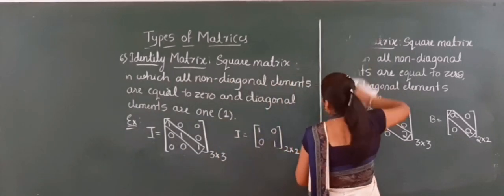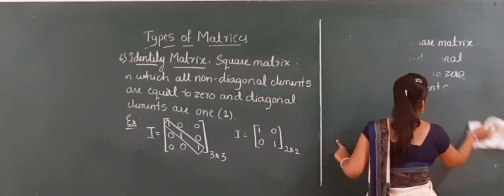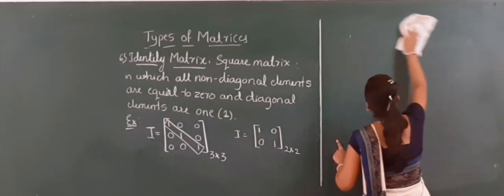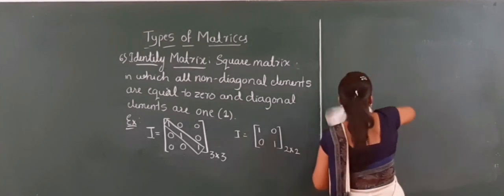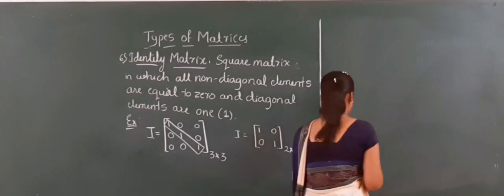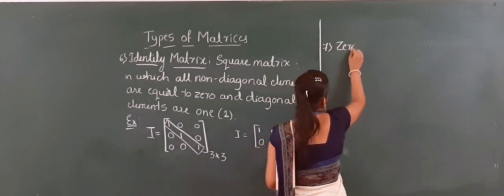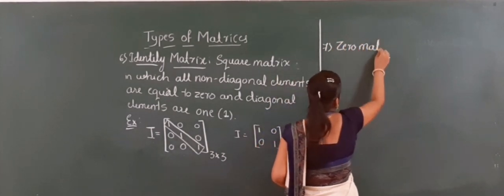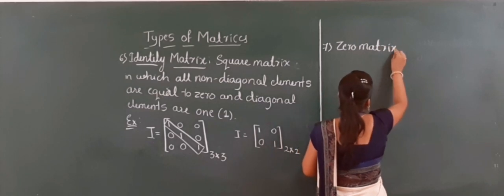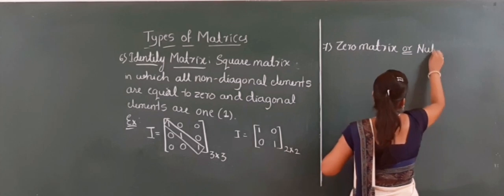Next, the last type of matrix, that is the zero matrix, and this is also called the null matrix. The name of the last type of matrix, the seventh one, is the zero matrix or null matrix.